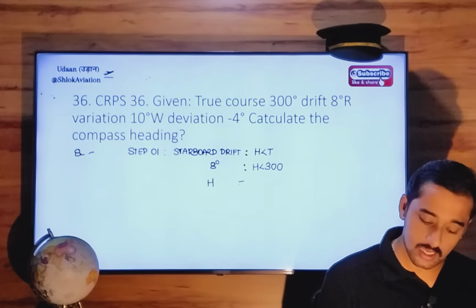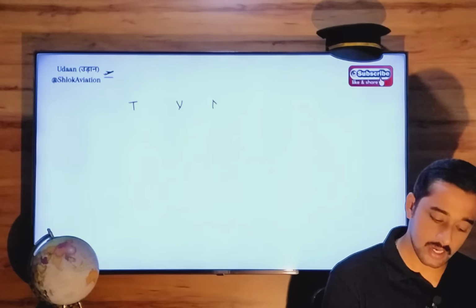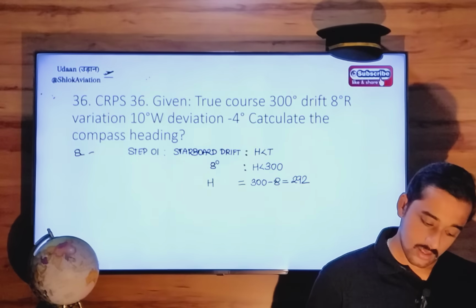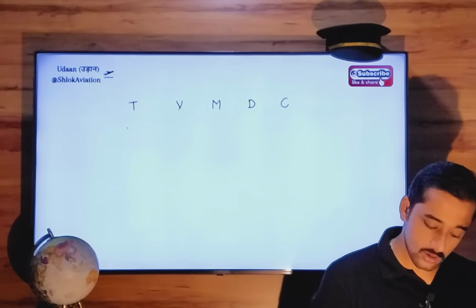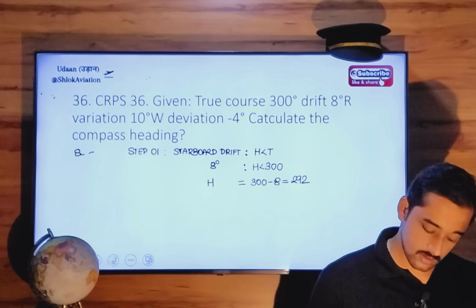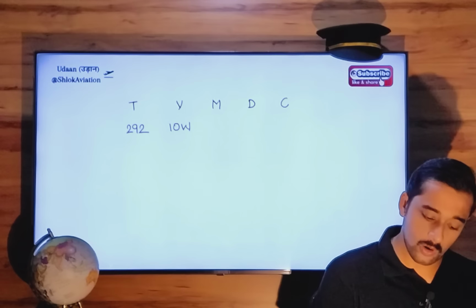So heading will be 300 minus 8, that is 292. So now true, variation, magnetic, deviation, compass. Heading 292, variation 10 west, deviation 4 west.